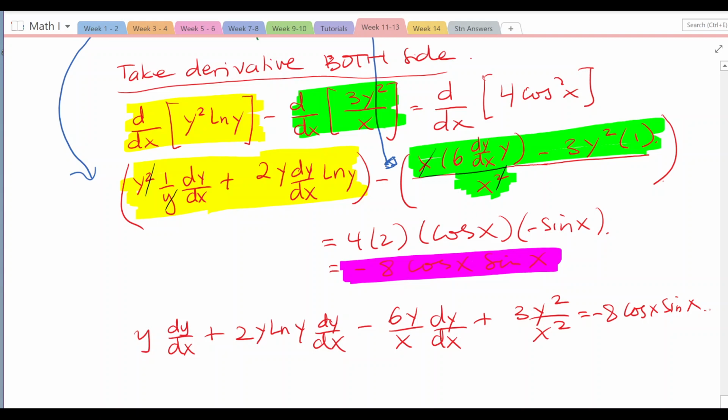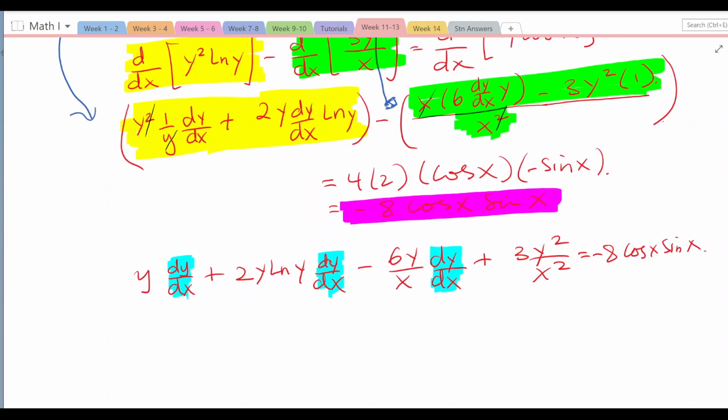Now we can combine all the dy/dx, which is that one, and that one, and that one together. So that will become y plus 2y ln y minus 6y over x in brackets, times dy/dx.